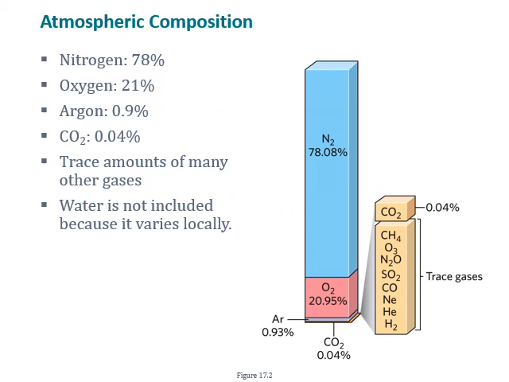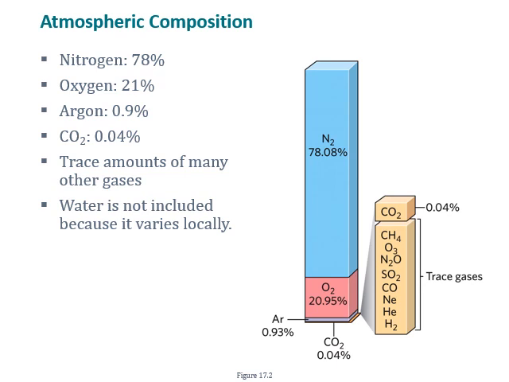Earth's atmosphere is composed of 78% nitrogen, 21% oxygen, almost 1% argon, 0.04% CO2, and trace amounts of other gases, which are shown in the diagram on the right.